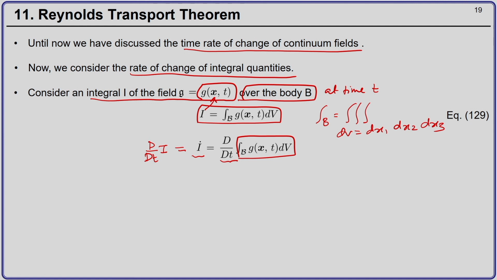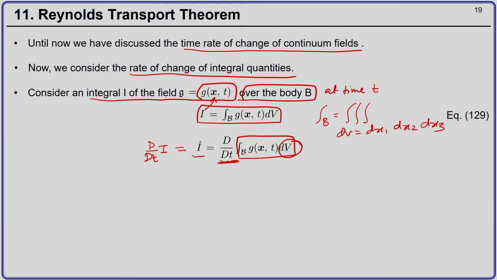Now, the problem is I cannot take this time derivative inside the integral sign. Why? This is because my current volume, the current configuration corresponding to the current volume, is not known. Okay. Now, if it is not known, it depends on time, then I cannot take this derivative inside. So, how can you evaluate this?